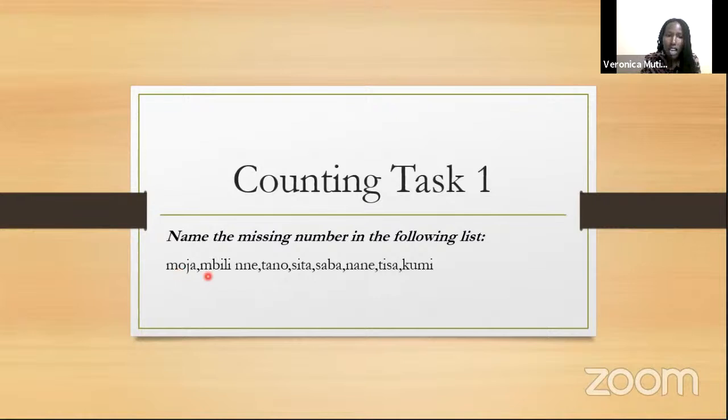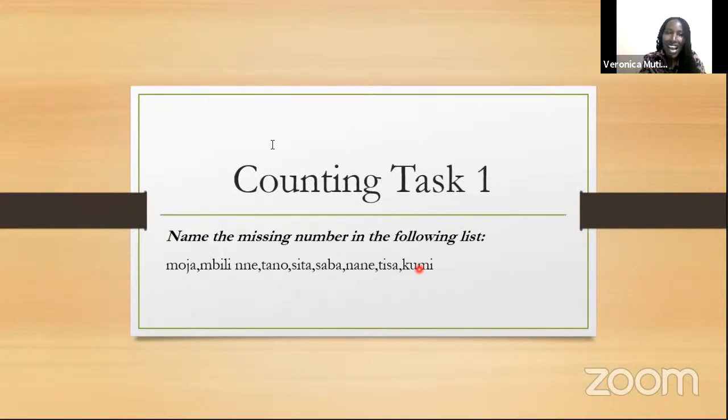We have moja, mbili, nne, tano, sita, saba, nane, tisa, kumi. A number is left out. Which one is it? Tatu. Moja mbili tatu nne. Yes, perfect. That is correct.